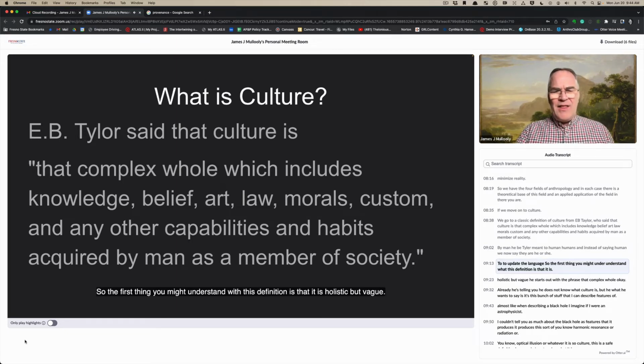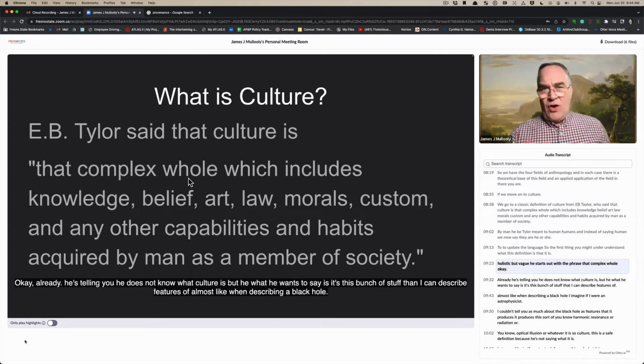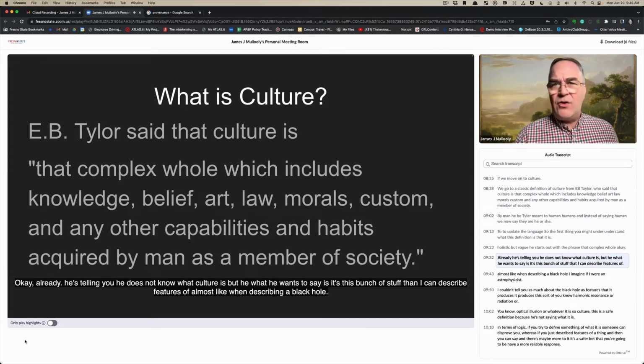Instead of saying man, we now say they or he or she to update the language. The first thing you might understand with this definition is that it is holistic but vague. He starts out with the phrase, that complex whole. Already he's telling you he does not know what culture is, but what he wants to say is it's this bunch of stuff that I can describe features of.